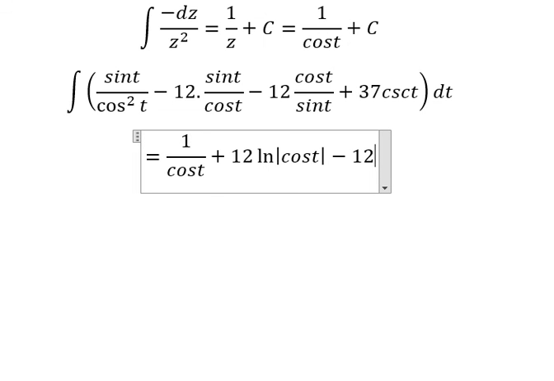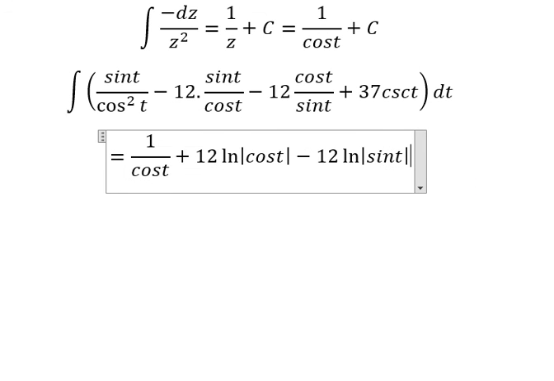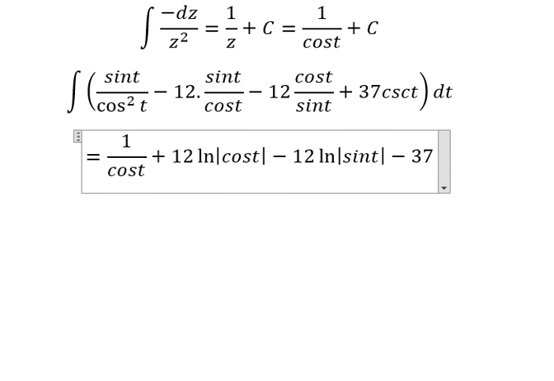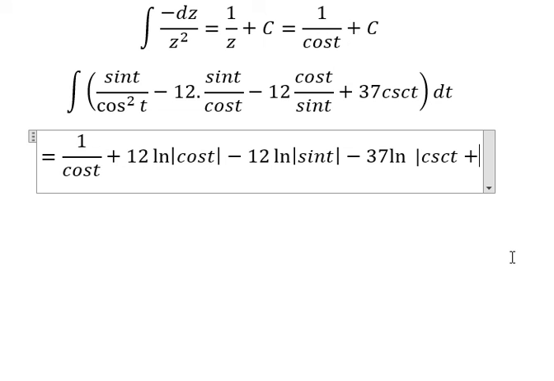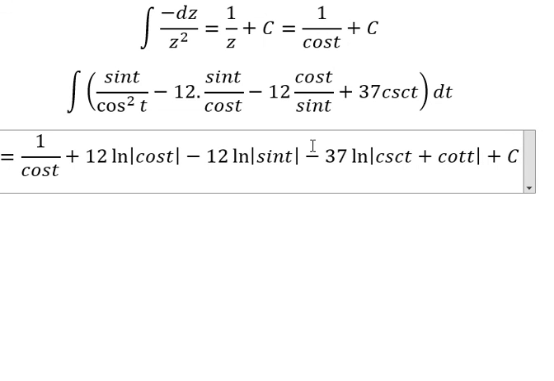This one you get ln of the absolute value of sine t. This one you get negative 37 ln of the absolute value of cosecant of t plus cotan t. And we put c.